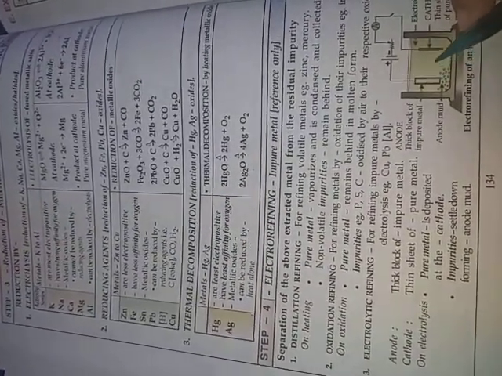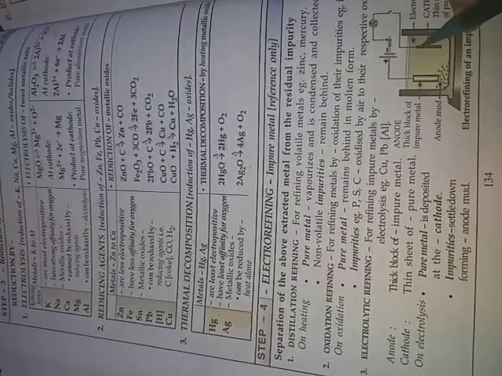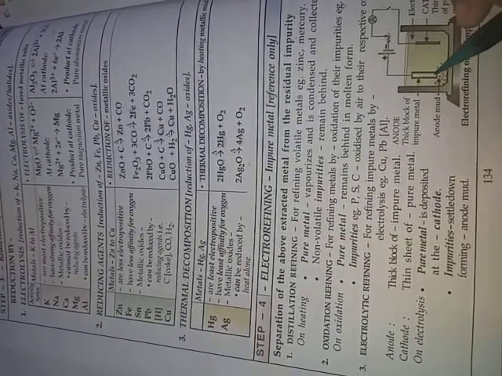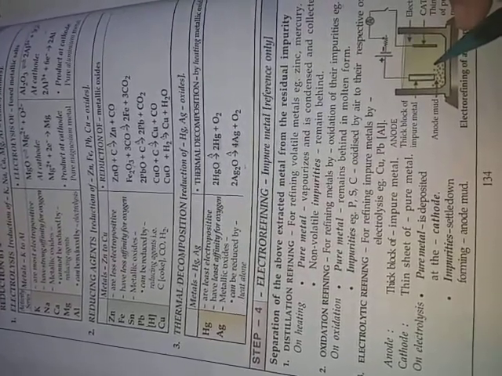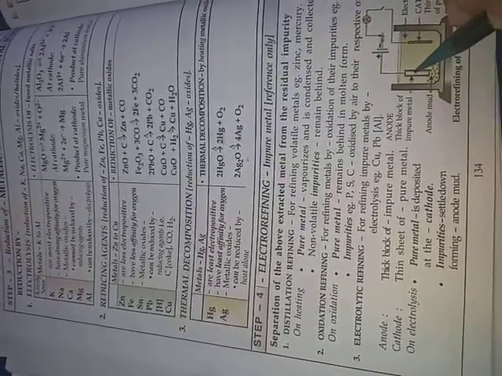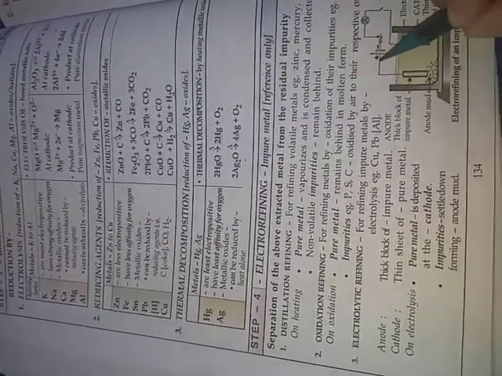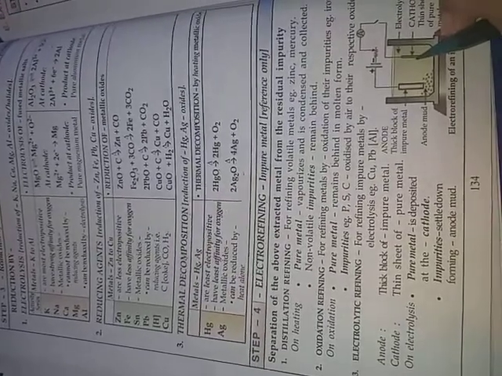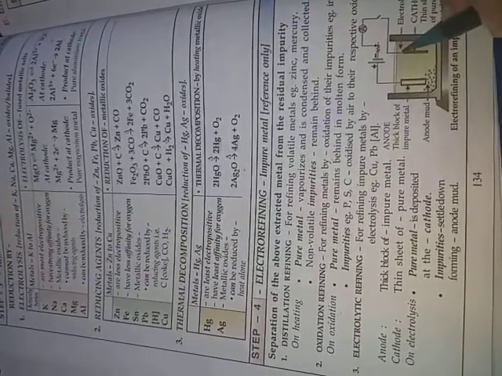Suppose we want to obtain copper: this will be pure copper, this will be impure copper, and here we take an aqueous solution of copper sulfate. The thick block of impure metal is the anode, the positive electrode, and the thin pure electrode is the cathode, the negative electrode.